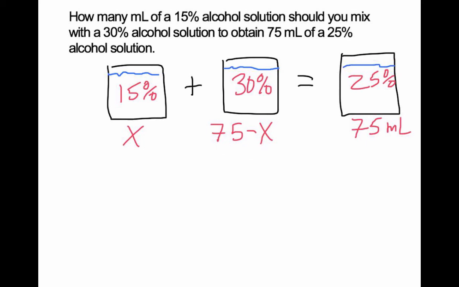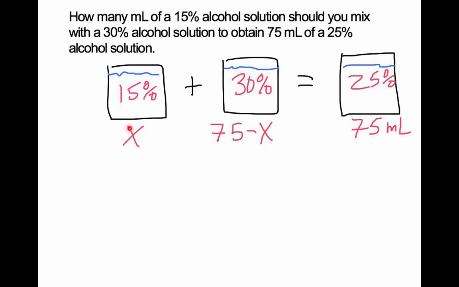So again, we wrote in our concentrations. I know the volume of my final product. These are the two quantities I don't know. That's where my variable is going to go, and that's where my expression is going to go. To solve this problem, we need to write an equation describing the alcohol content.